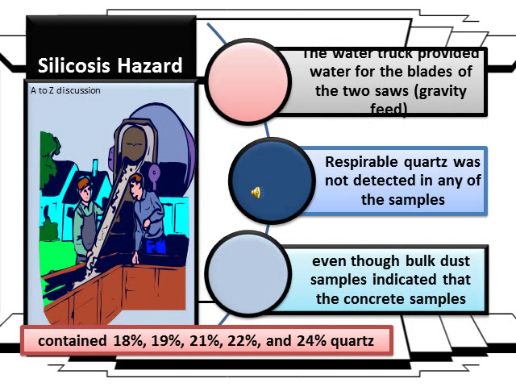The water truck provided water for the blades of the two saws, which used a gravity feed. Respirable quartz was not detected in any of the samples, even though the bulk dust samples indicated the concrete samples contained 18, 19, 21, 22, and 24% quartz.